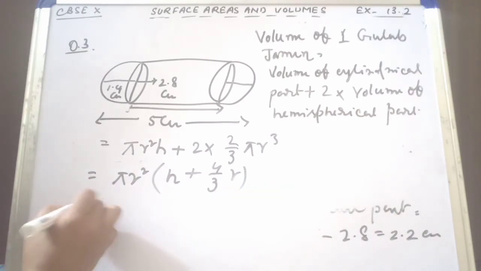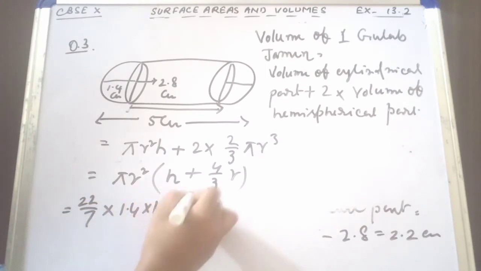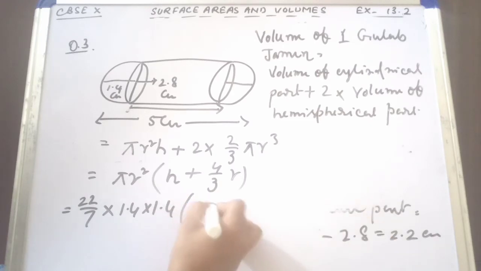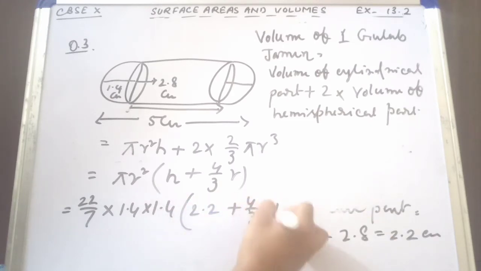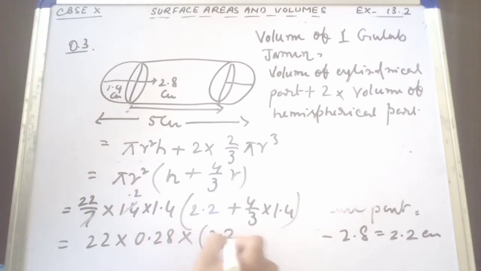So now put the value. Pi means 22 upon 7. R means 1.4 into 1.4. H means 2.2 plus 4 by 3 into 1.4. So 22 into 0.28 into 2.2 plus 4 by 3 into 1.4, that means 1.86.